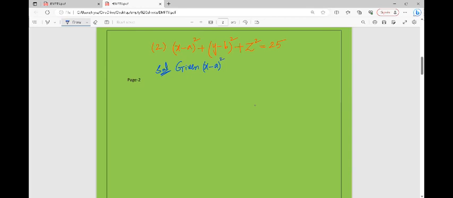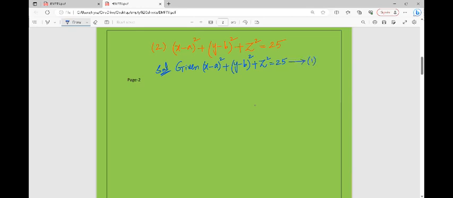Given x minus a whole square plus y minus b whole square plus z square is equal to 25. This is taken as equation number 1 here.